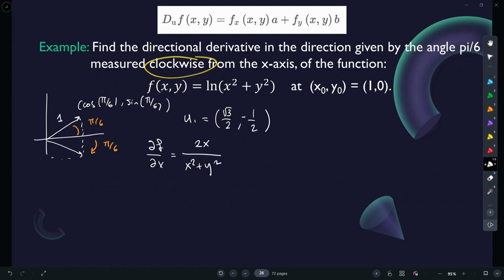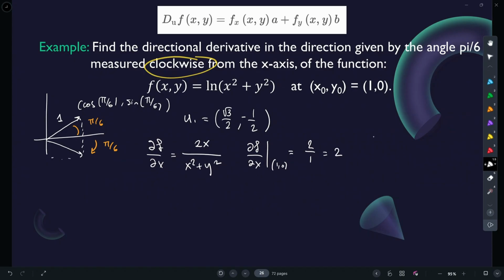And then evaluate at (1, 0). That's the point where I'm going to look for a directional derivative. Evaluating at (1, 0), the denominator is just 1, the numerator is 2. So this is 2 divided by 1, so it is 2.